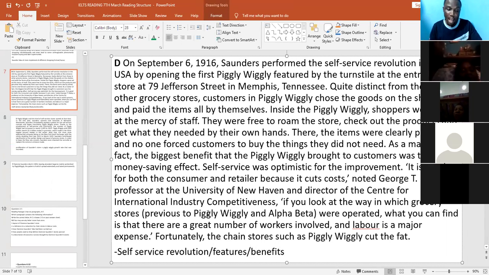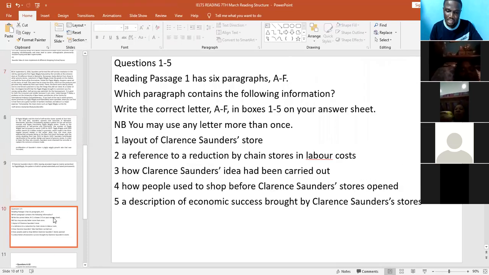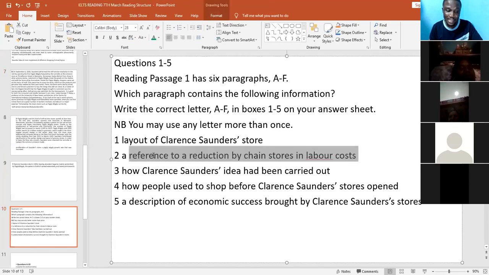Okay. I'm going to review that question we've been going over many times: a reference to reduction in the chain's labor cost. That was the question I said that one answered. So questions 1 to 5 have been answered.